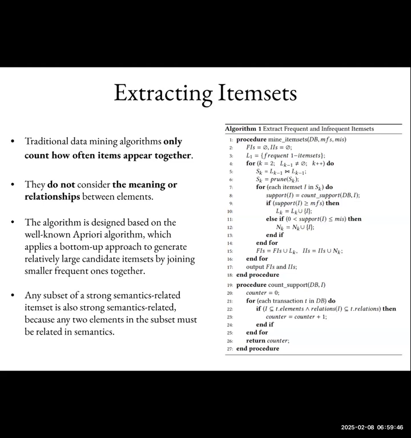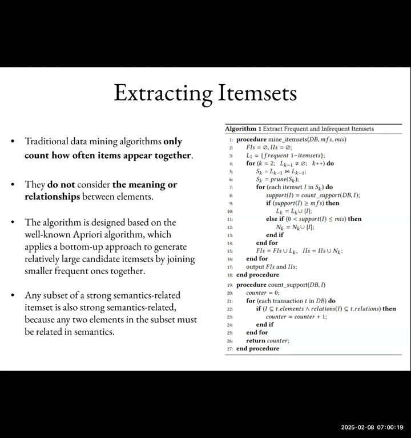They're not related. So they use an apriori algorithm, which applies a bottom-up approach because it starts with small frequent item sets and then gradually builds larger patterns. Based on the apriori algorithm, their hypothesis is that any subset of a strongly semantically related item set is also strongly semantically related, because any two elements in the subset must be related in semantics.